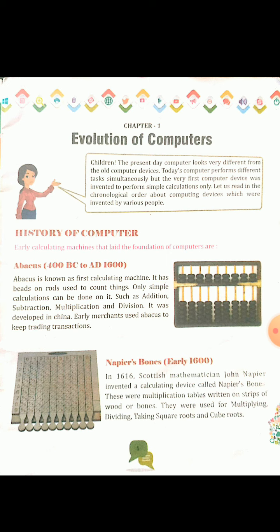It was made of rods with numbers printed on them. These were multiplication tables written on strips of wood or bones, and they were used for multiplying, dividing, taking square roots, and cube roots.